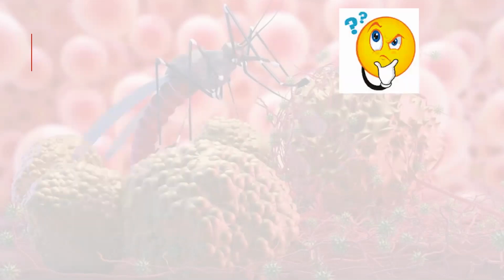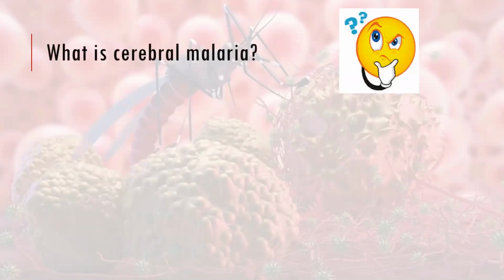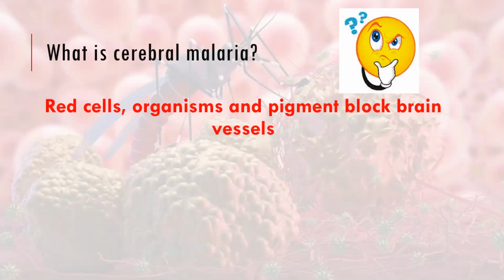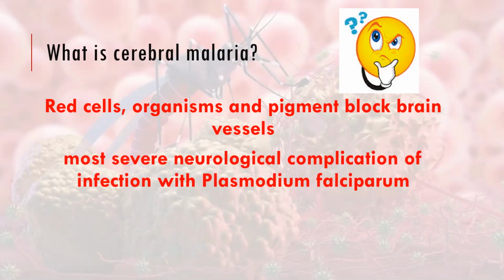Okay? Next, what is cerebral malaria? Cerebral malaria is a condition that involves the brain. The red cells, organisms, and the pigments block the brain vessels, which can be the most severe neurological complication of an infection with Plasmodium falciparum.